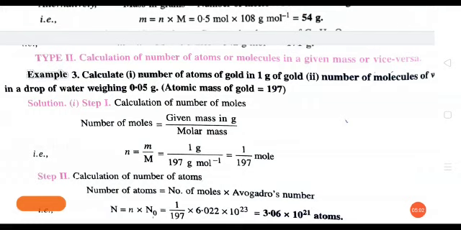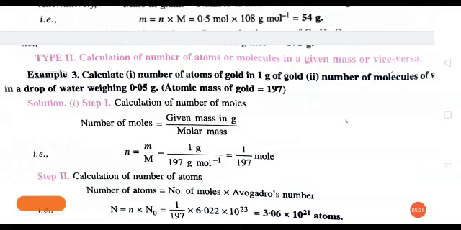First of all you have to take out the calculation of number of moles. We know the formula: given mass in gram upon molar mass. Given mass is 1 gram and molar mass is 197 U. In gram we have to find out, that's why 197 U will be replaced by gram per mole. So 1 upon 197 mole. Now calculation of number of atoms.